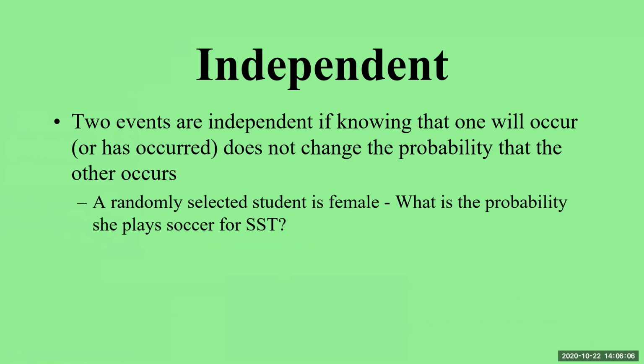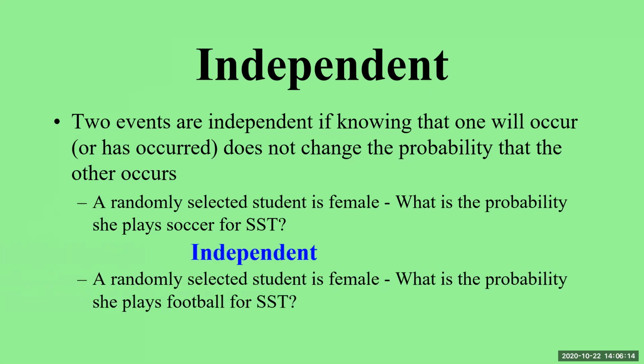So if a randomly selected student is female, what's the probability that she plays soccer? Well, this would be an independent event. I'm not going to change the probability of her playing soccer knowing that she's female. But let's think about the second one. If I tell you that the student is female, are you going to change your answer for what's the probability she plays football?